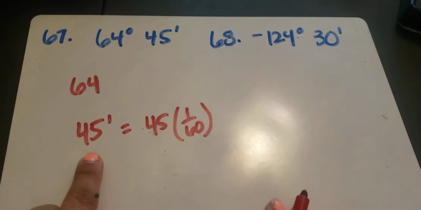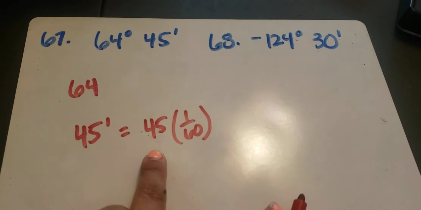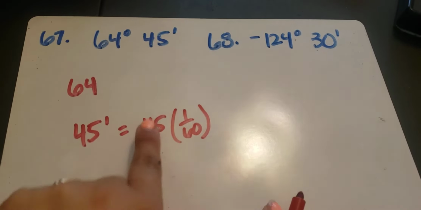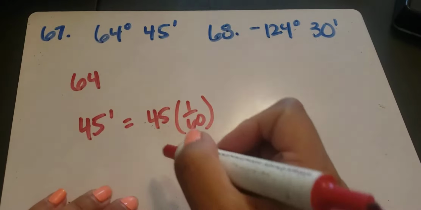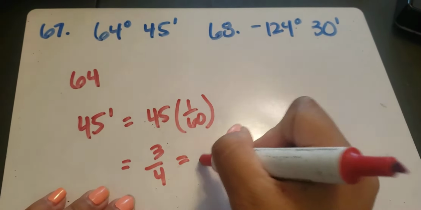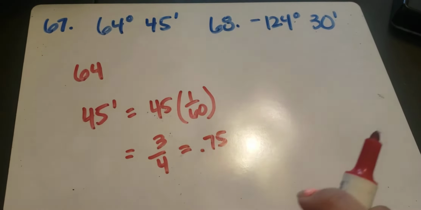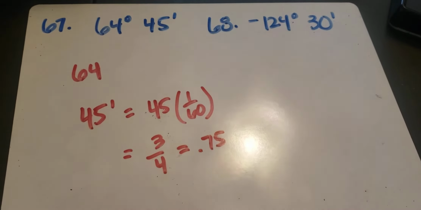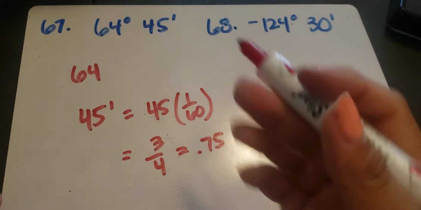So 45 prime is equivalent to 45 times 1/60th. So all I'm going to do is reduce this as a fraction, which basically gives me 3/4. And 3/4 is the same as 0.75. So you can use a calculator if you're not sure how to reduce. So it's just 0.75.